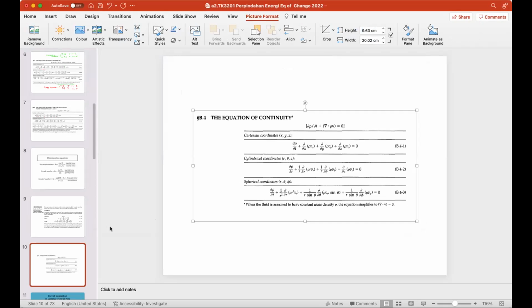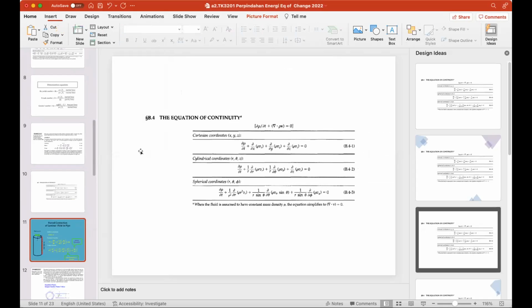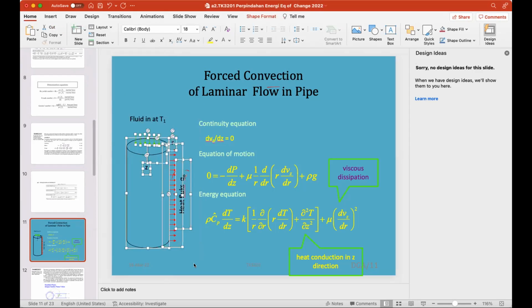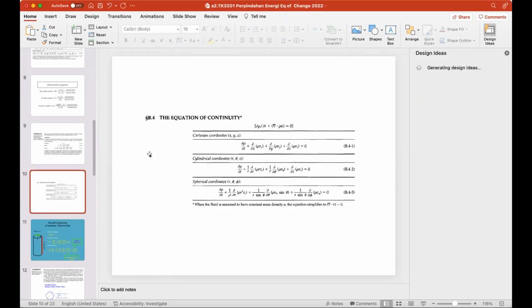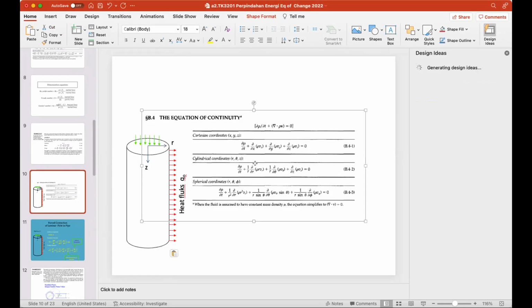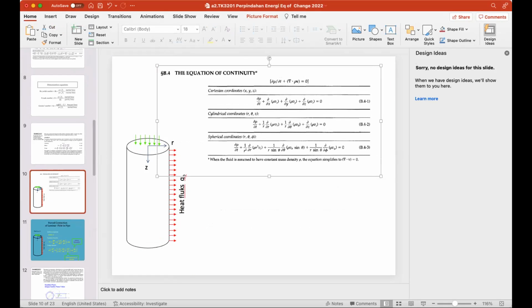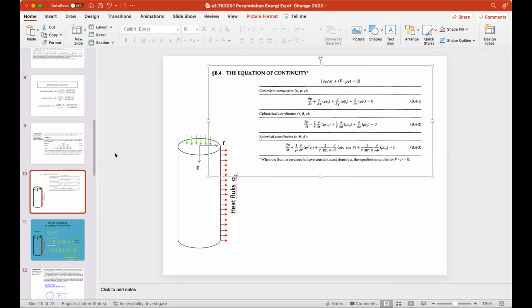Okay, so we have something like this. And then maybe we can write the equation first. Can you see it quite clearly? Yes, it's clear.